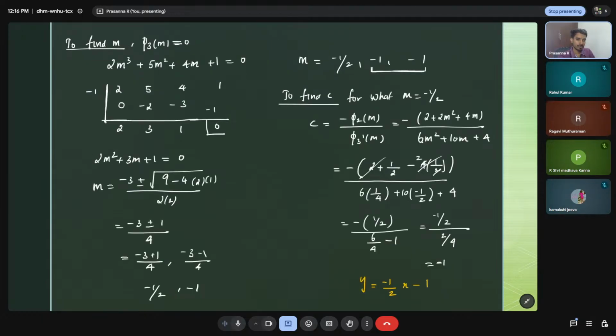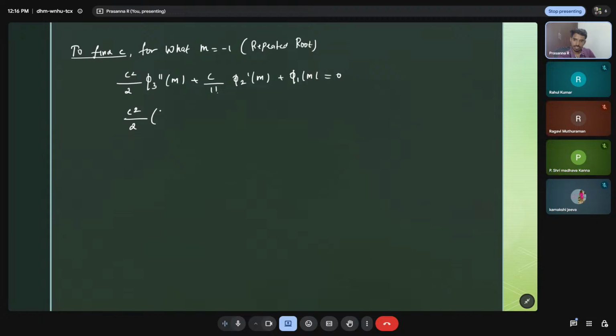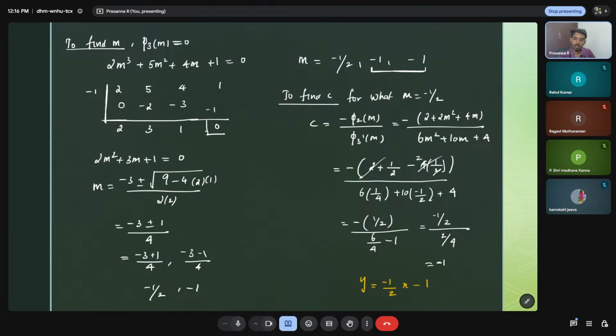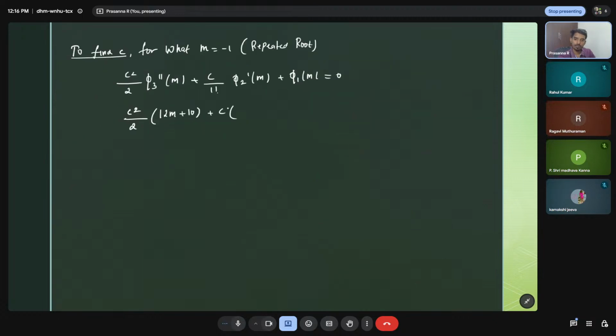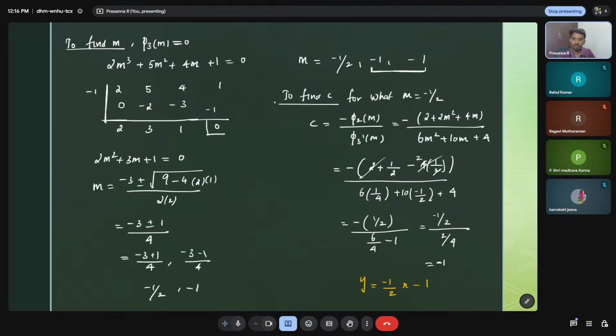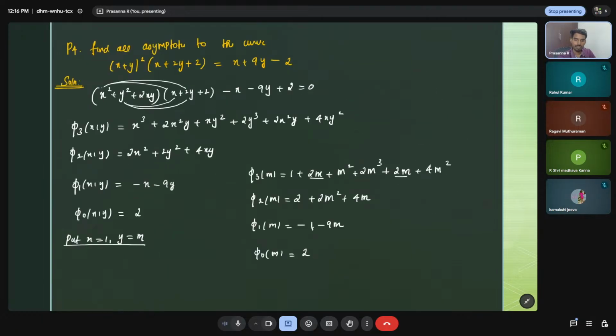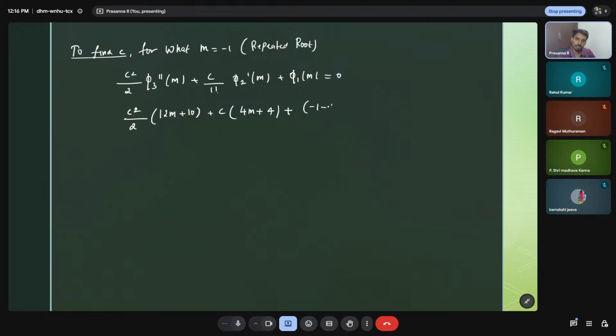So p3 double dash of m will be 12m plus 10, plus c into p2 dash of m. So p2 of m is this, p2 dash of m will be 4m plus 4, and p1 of m is minus 1 minus 9m, to be equal to 0. And we know m is minus 1.